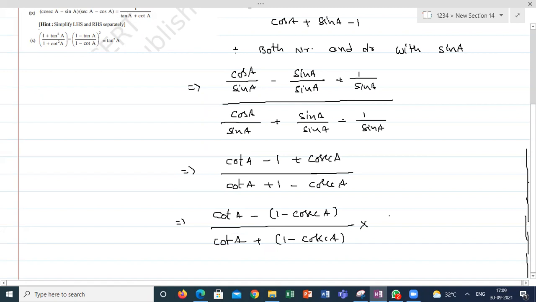How? Multiplying with cot A minus 1 minus cosecant A divided by cot A minus 1 minus cosecant A.